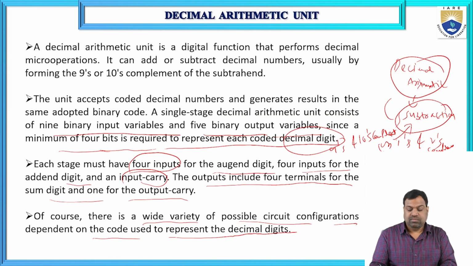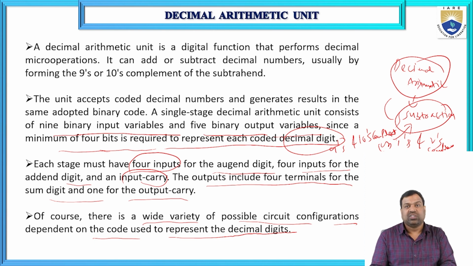So here ALU means arithmetic logic unit. We perform arithmetic and logic operations on decimal values, converting from binary to decimal or decimal to binary. Here for addition and subtraction we need the arithmetic logic unit.